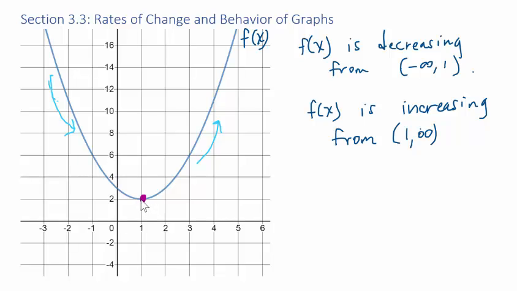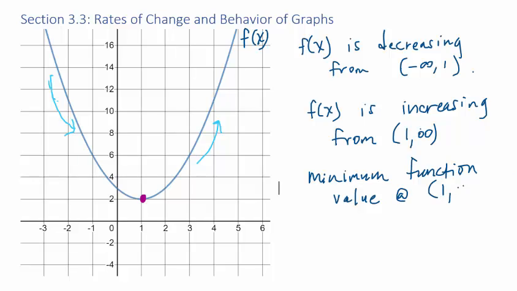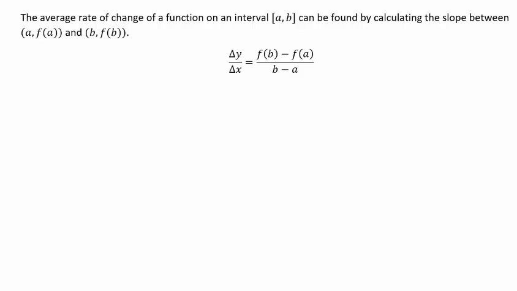And second, it's a local minimum. A local max or min is just a high or low point in a certain region of the graph. So there's a minimum function value at 1, 2.